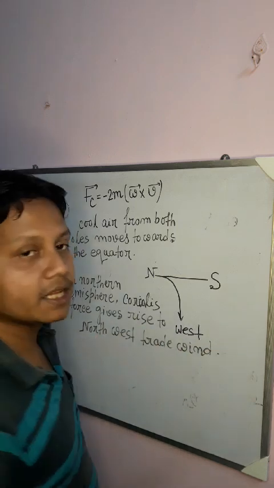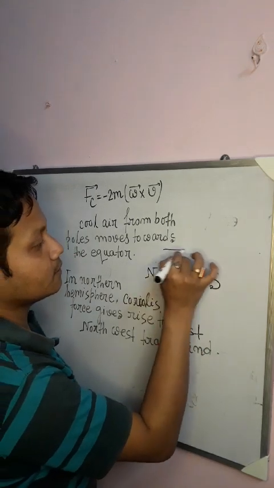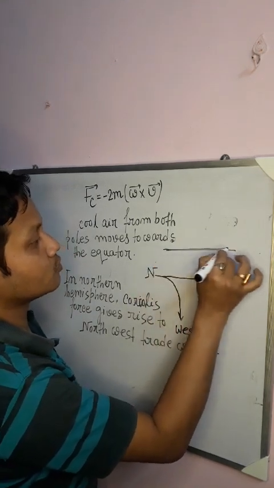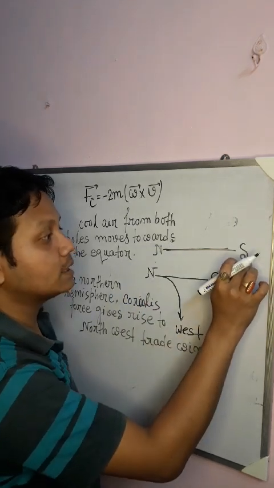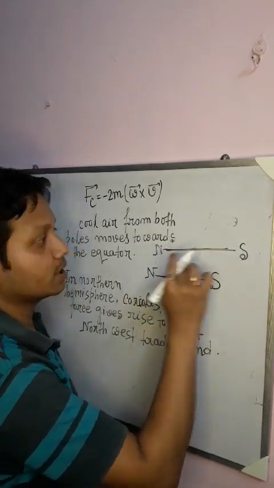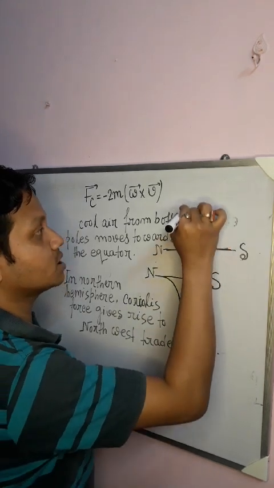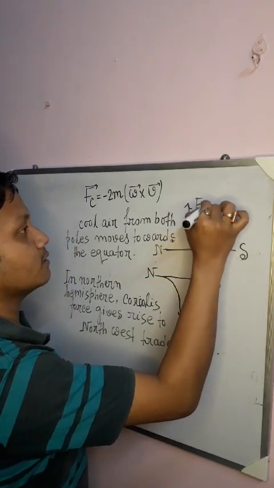Similarly, what will happen in the southern hemisphere? Due to Coriolis force, in southern hemisphere, cooler air from south pole can move towards the north, but due to the effect of Coriolis force, it will turn into eastern direction.